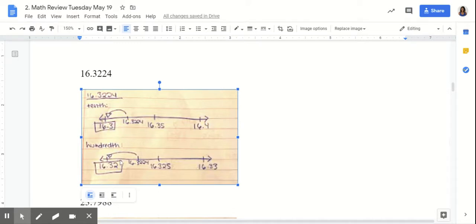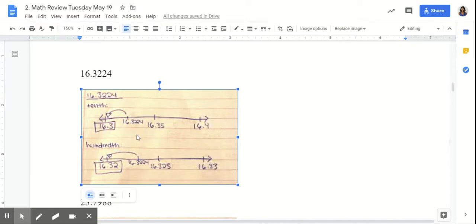Then for the hundredth, I'm going through the same method again. I'm making sure that my endpoints are the two nearest hundredths, so the hundredths that are in between this main number. So I have 16 and 32 hundredths as one endpoint, 16 and 33 hundredths as the second endpoint, and my midpoint is 16 and 325 thousandths because that's the midpoint in between each number.